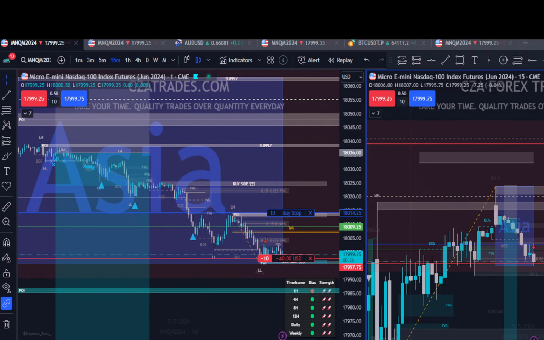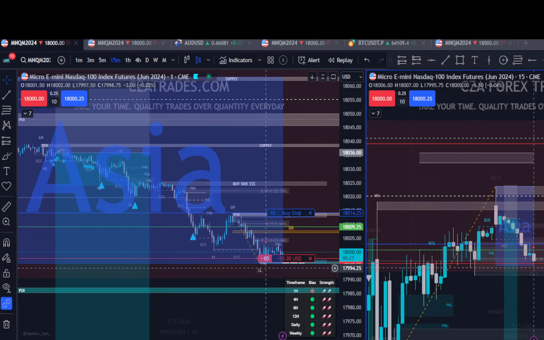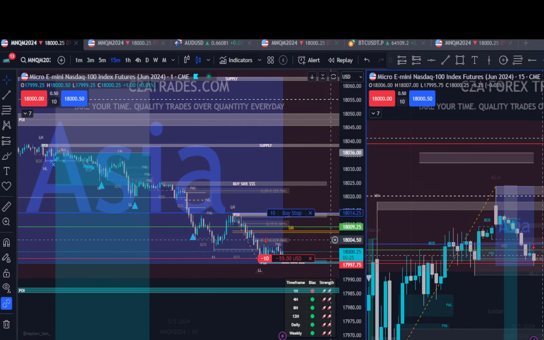I have them all binded. A little keyboard soundboard. This shit's gonna dump into London, New York. New York is gonna be like, and then pump that shit.